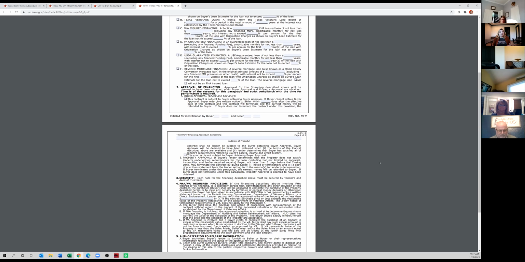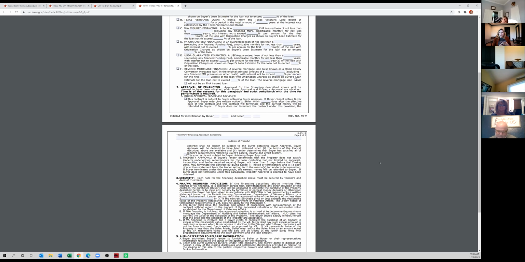From a buyer perspective, they should be fairly confident walking into approval for them as a person, because they should have already gone down that path with their lender and made sure that they do qualify. Okay. So that's what that first one is saying: buyer approval is subject to buyer obtaining buyer approval. If buyer cannot obtain buyer approval, buyer may give written notice to seller within blank days after the effective date of this contract, and this contract will terminate and the earnest money will be refunded to the buyer.